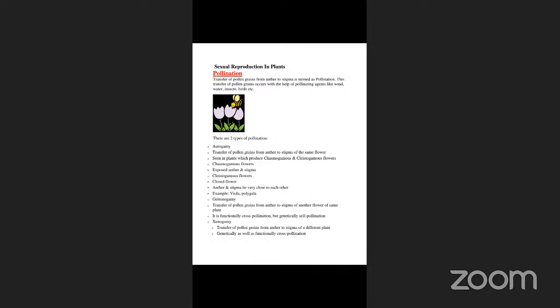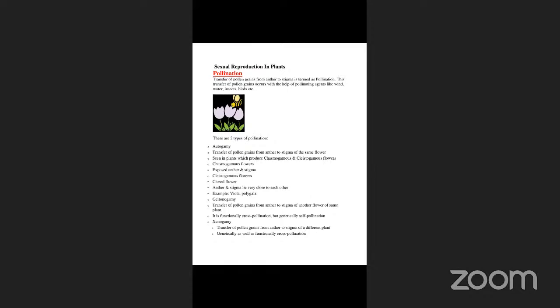Today's topic is pollination, unit three, numbers 16 to 23. Pollination means the process of transfer of pollen grains from the anther to the stigma.